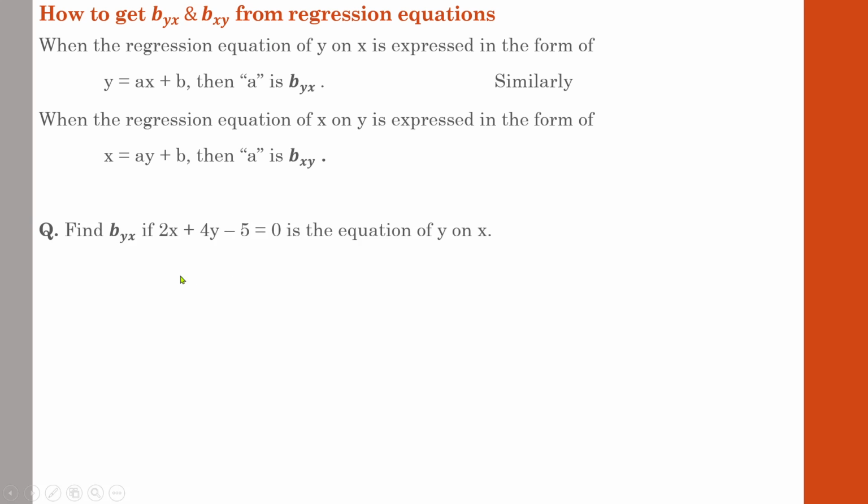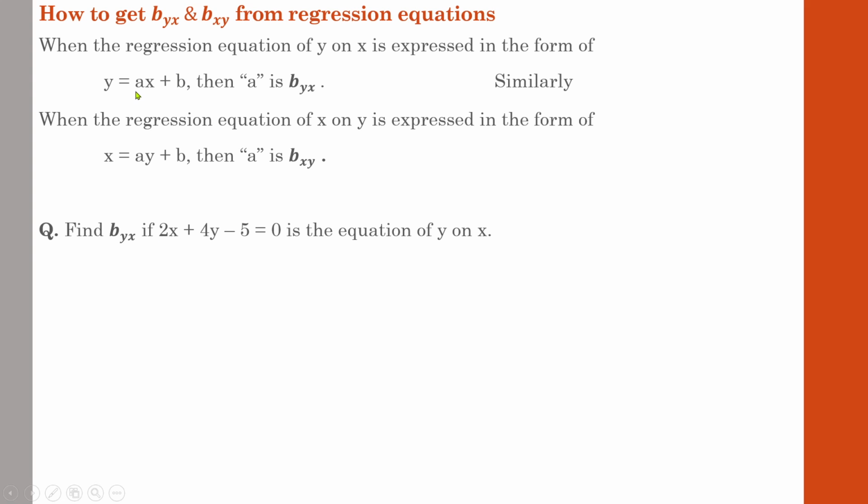For example, find byx from this linear equation: 2x plus 4y minus 5 equal to 0. Finding byx comes under the category of y on x. So for y on x, the equation is y equal to ax plus b, and you need to change this equation to this form.